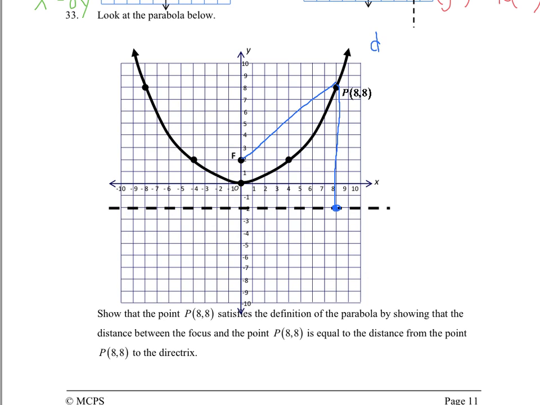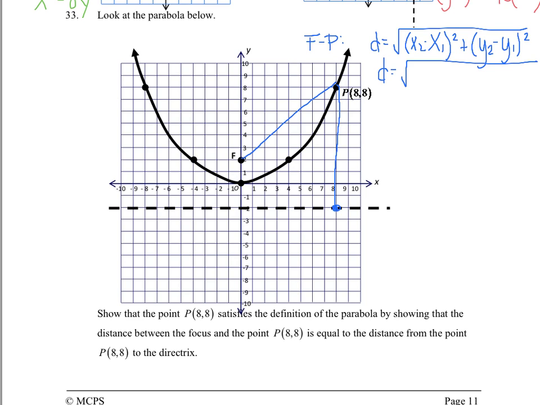So the distance formula says the square root of x2 minus x1 squared plus y2 minus y1 squared. I'm first going to look at the distance from F to P. So the distance is the square root of, now I need to know what my focus is. My focus is at (0, 2).